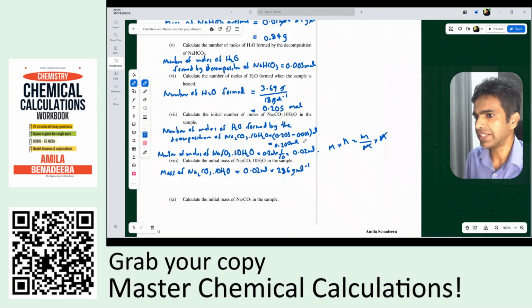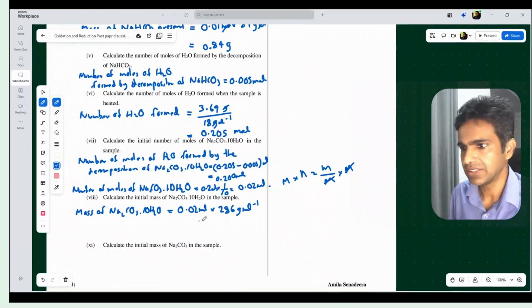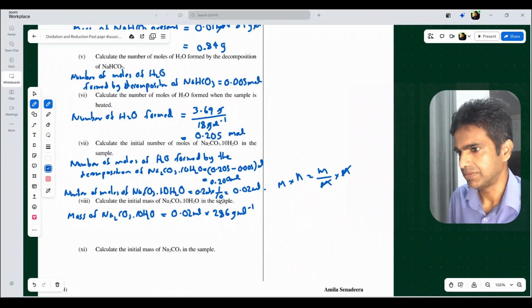If you couldn't remember that, you can add: sodium 23 times 2, 46; carbon 12, 46 plus 12, 58; oxygen 16 times 3, 48, 58 plus 48, 106. 10 water molecules, 10 times 18, 180. 180 plus 106, 286.